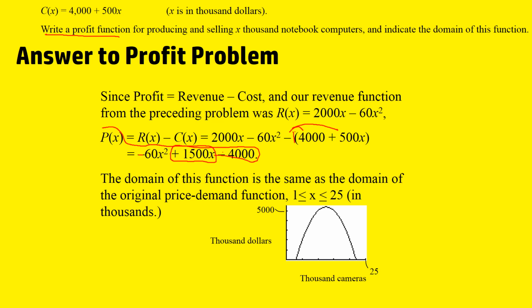And there's our negative 4,000. Domain of this function. Okay, so there's a profit function. Okay, so we just simplified R minus C. So we have written a profit function. And there it is. So that's the answer to the first thing that we had to do.